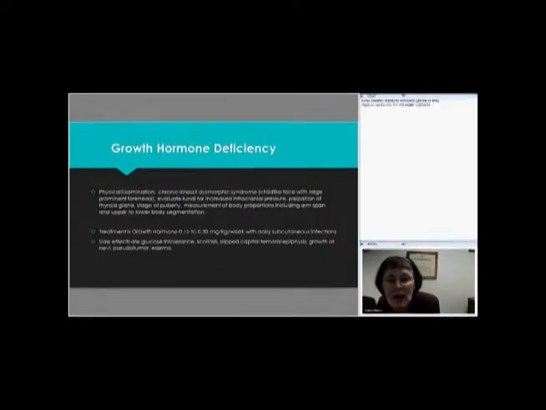Okay. So there are conditions in which the growth hormone is deficient, and so you need to ask when you do a physical exam, do you detect, or does it look like they might be chronically ill or have that dysmorphic syndrome? Look in their eyes.